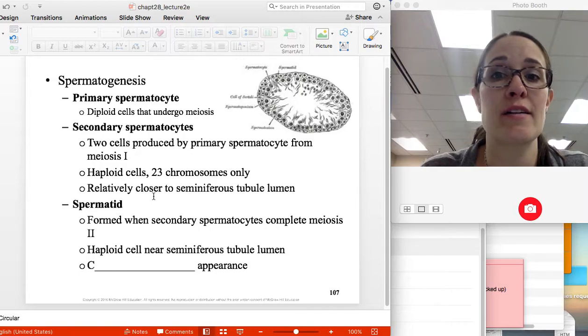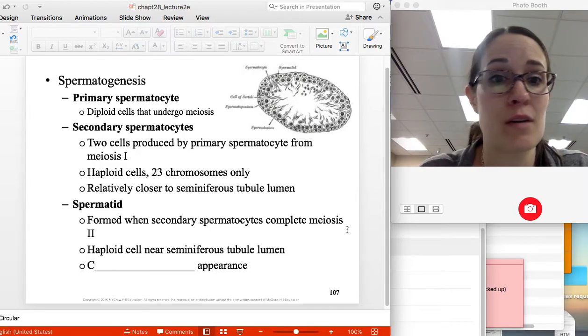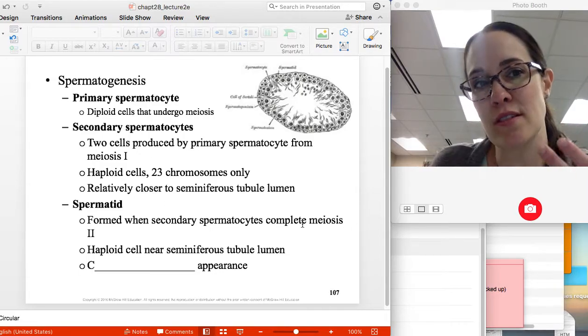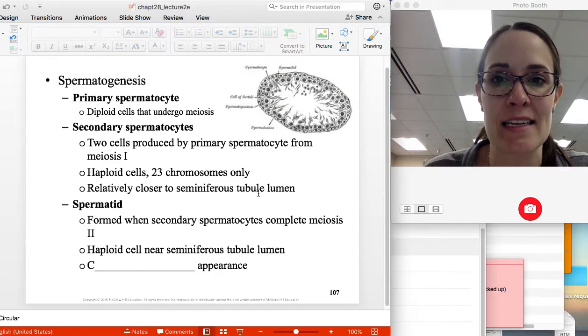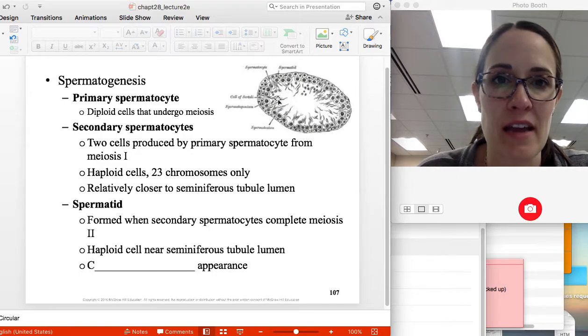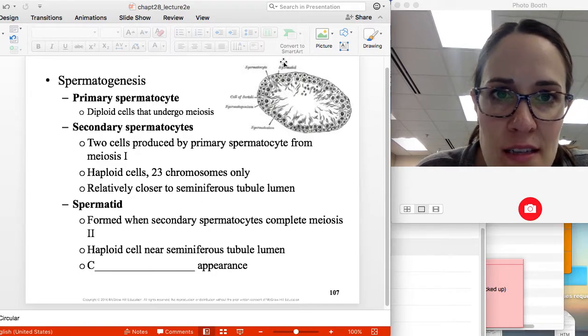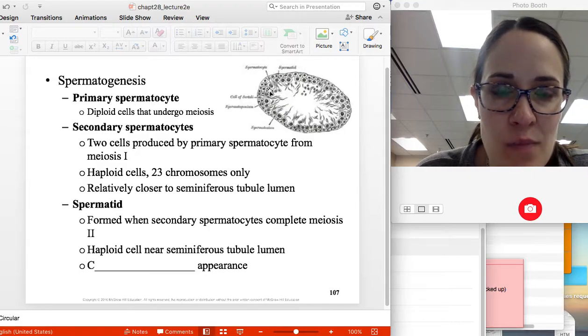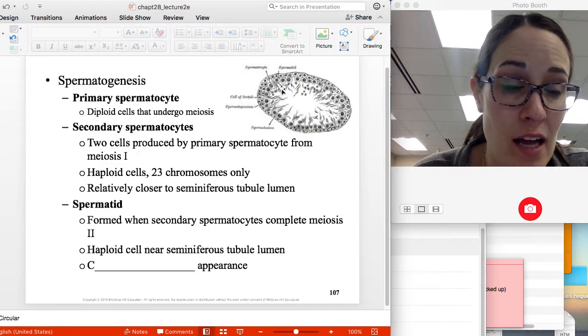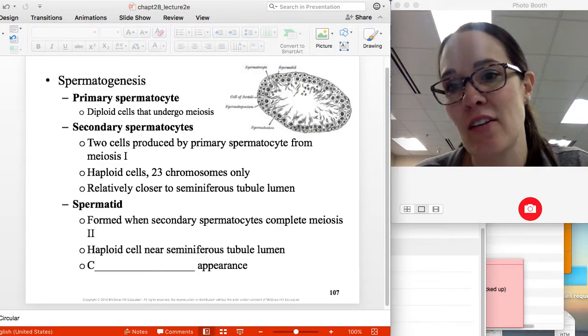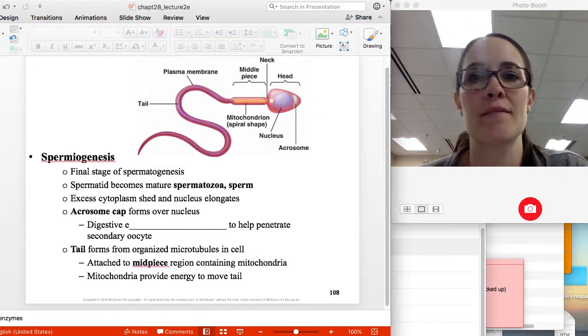When secondary spermatocytes complete meiosis 2, remember meiosis is meiosis 1 and meiosis 2, they are now a spermatid. And spermatids have a circular appearance. That's the blank there. I don't know if you can see this word here. This says spermatid, and it's pointing to these circular structures that are in the lumen, but they don't have a tail yet. That's a spermatid.